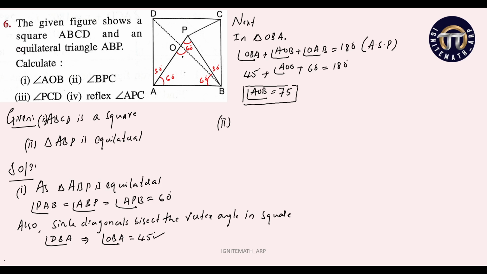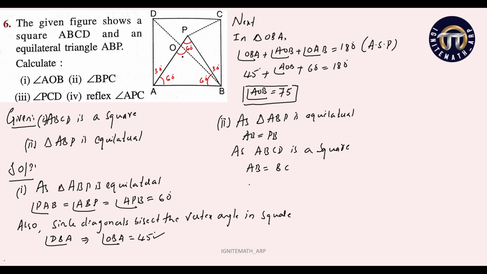Now I am supposed to find out that one. So here, as triangle ABP is equilateral, I can say that AB is equal to PB. Again, as ABCD is a square, I can say that AB is also equal to BC.